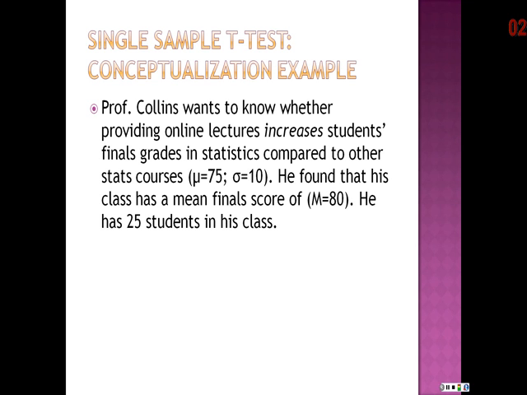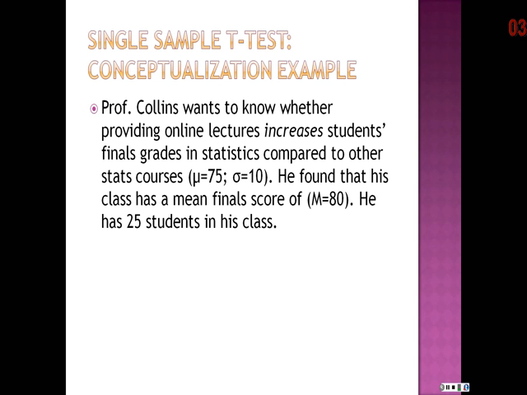So let's give a conceptual example here. Let's say I want to know whether providing online lectures increases students' final grades in statistics compared to other stats courses. I found that my students have a mean final score of 80, and I have 25 students in the class.